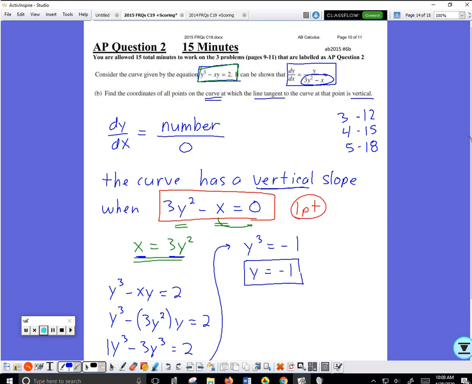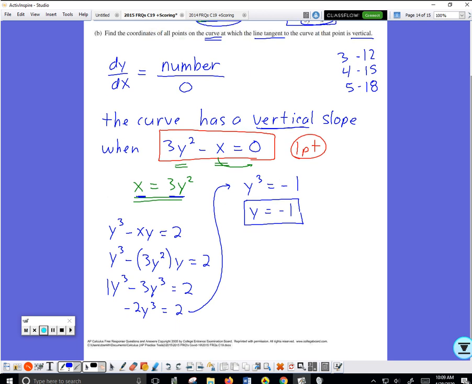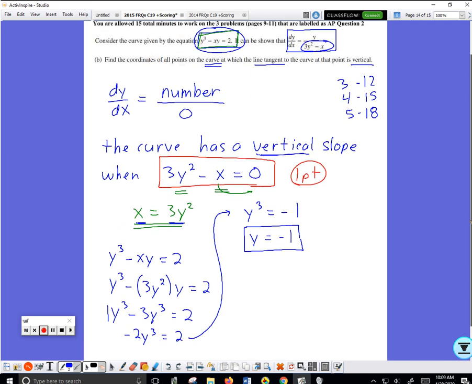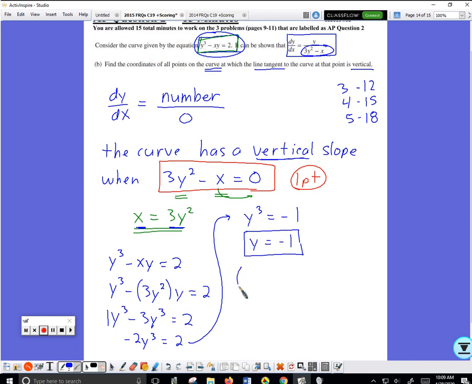So I go back to, well, I have a simpler place. No, we better use this because we want to make sure we find the point that is on the curve. So I'm going to use the equation for the curve and plug in that y-coordinate. Let's write it out again one more time. The equation for the curve is y cubed minus xy equals 2.